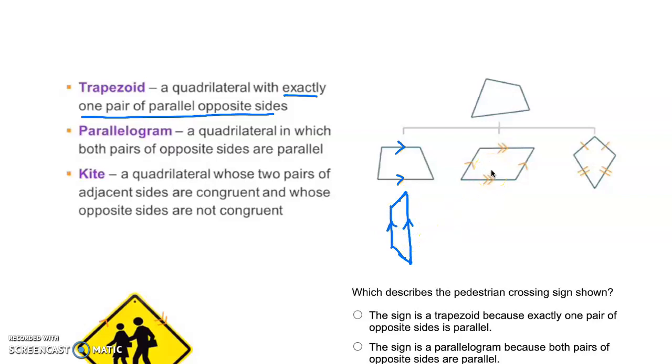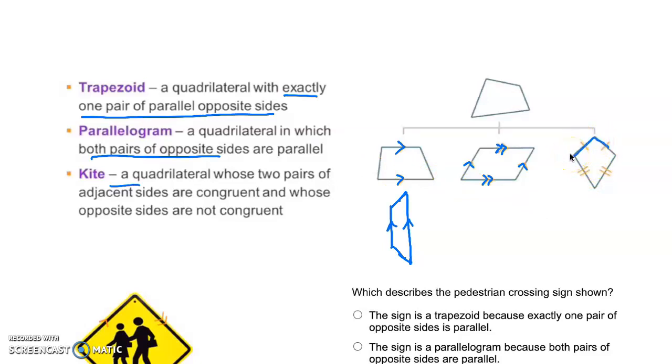A parallelogram, you'll notice, has both pairs of opposite sides parallel. So that's a parallelogram. And we can have lots of different forms of parallelogram, but if both pairs of opposite sides are parallel, it's a parallelogram. And finally, a kite is determined by side length. The way we do this is we have two adjacent sides.